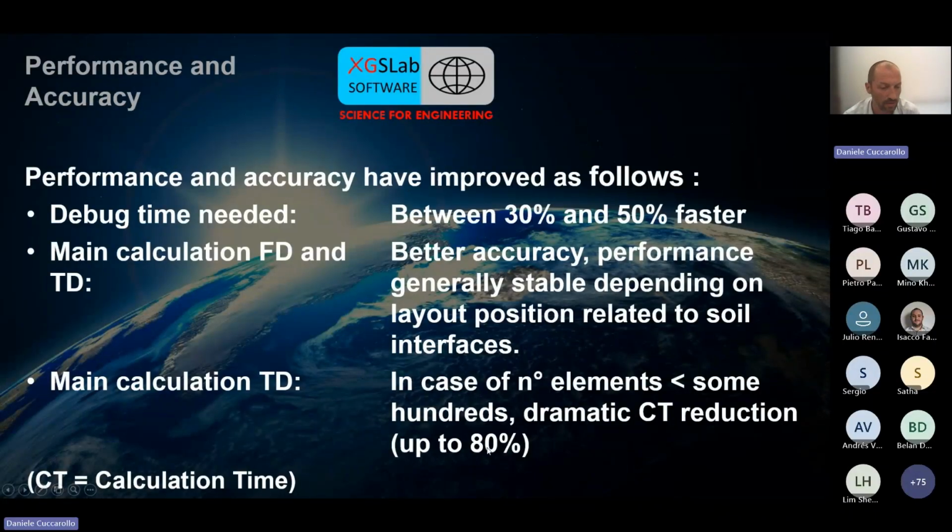Just to give you an idea, if you remember one case of the tutorial of the time domain, the square grid, 60 meters by 60 meters, the time needed for that calculation on a machine we have here in our company has changed from 12 minutes to 3 minutes. So we have a really important gain on that side.